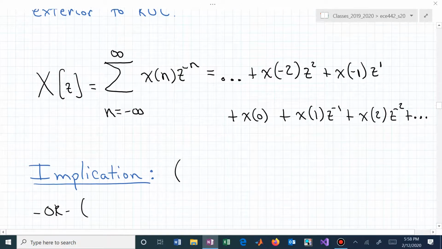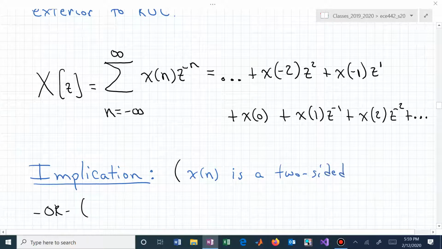So the implication is x of n is a two-sided sequence, contrasted with previously, those were one-sided sequences, either right-sided or left-sided.